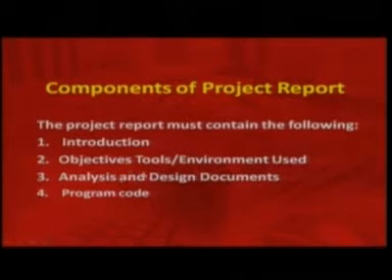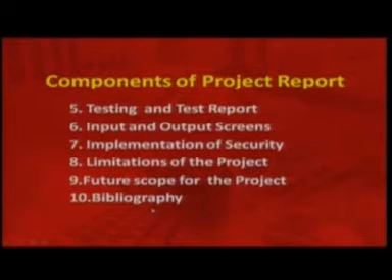The components of the project report are already mentioned in your project guidelines also, but here again I am reiterating them. You have to give an introduction of your problem, then objectives, and the tools and environment which you are going to use for development of your project, the analysis and design document and program code, testing and test reports, input and output screens, and implementation of security, meaning what you have done for the security of that particular system.